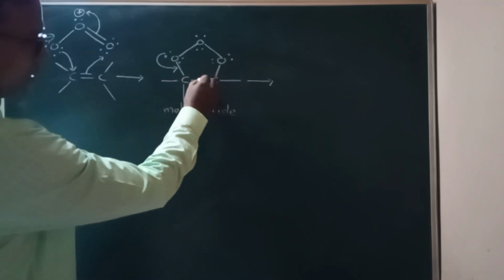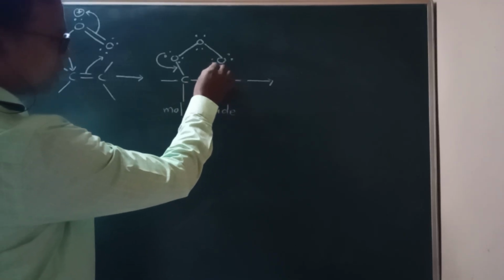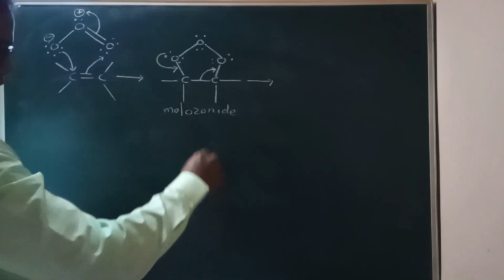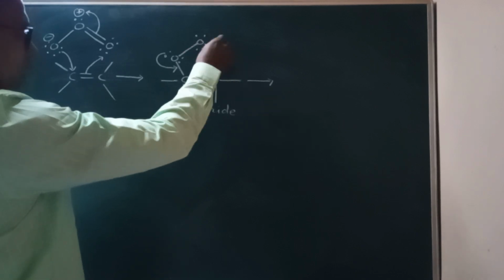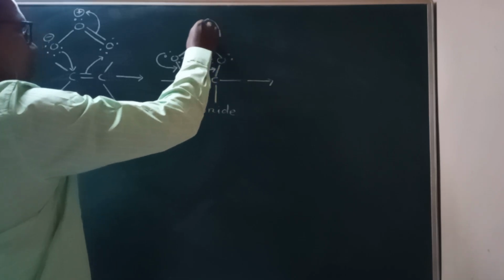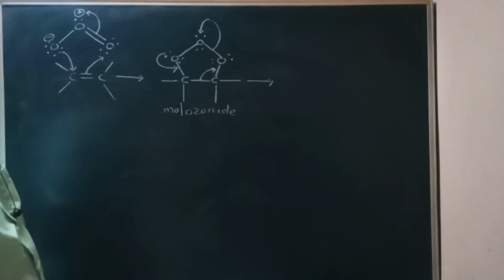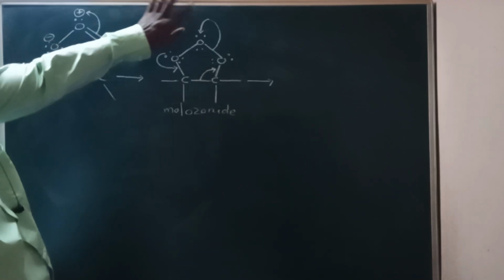So at the same time here, this carbon-carbon bond undergoes cleavage, and this electron pair is given between this carbon and oxygen. Okay, carbon and oxygen. And now what happens? This electron pair, that is this O-O electron pair, is given to this oxygen. So that this oxygen now carries one extra electron pair, and because of the presence of one extra electron pair, now this oxygen carries a negative charge.